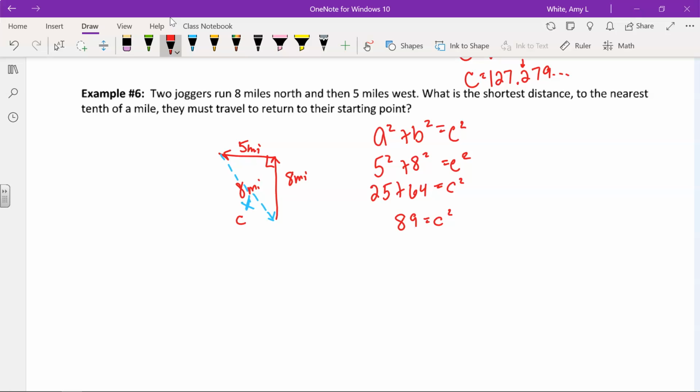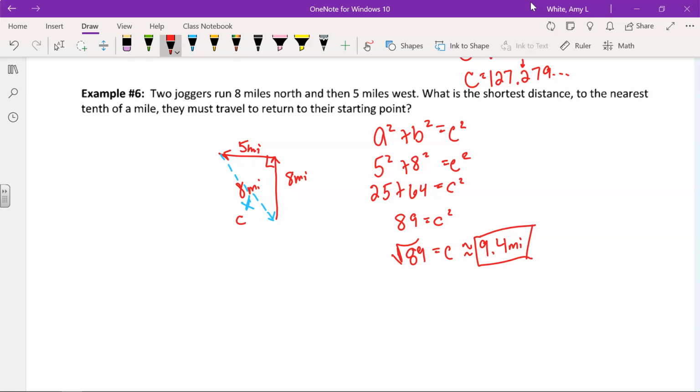I know I can do this on my calculator because they are telling me to round my answer. Since they're telling me to round my answer, I know that the calculator is fine. And that gives me, so the square root of 89 is c, and that is approximately 9.4 miles.